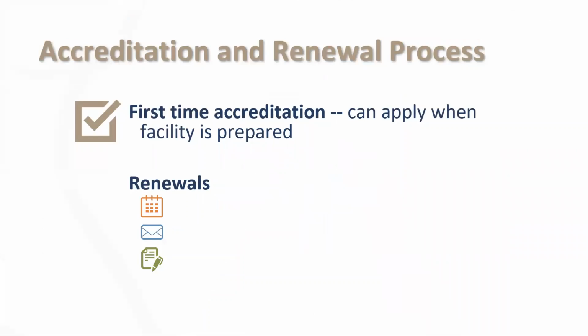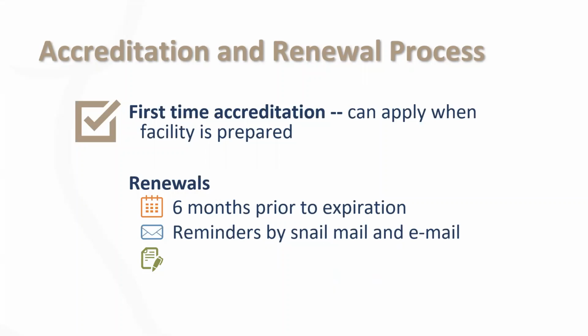For your first time accreditation, we're going to ask you to apply when your practice, your facility, your business is prepared. What we don't want is to send a surveyor for your on-site survey if you're not ready for them to show up. But renewals is mainly what we're focusing on today. We're going to ask you 6 months prior to your expiration date to go ahead and apply. We're going to send you reminders for renewal application by snail mail and by email.